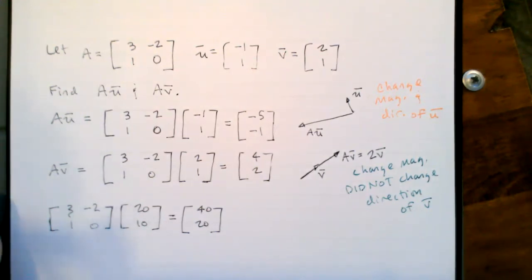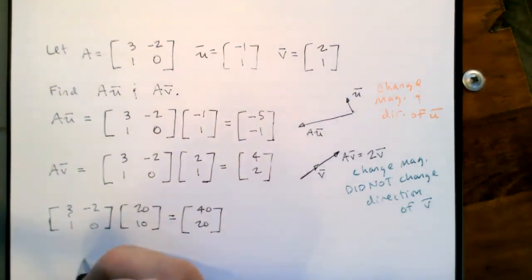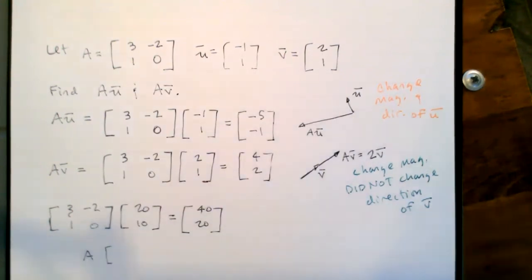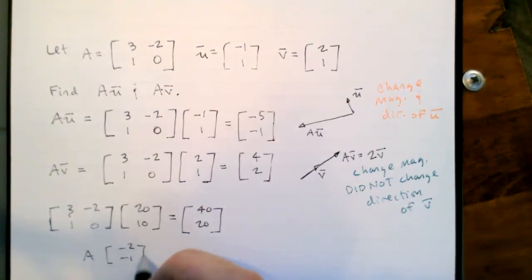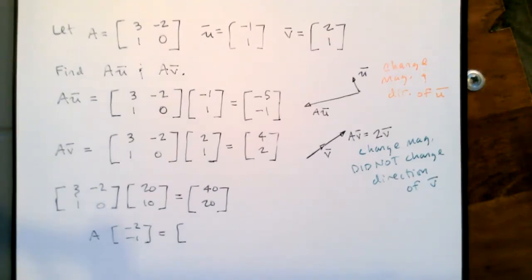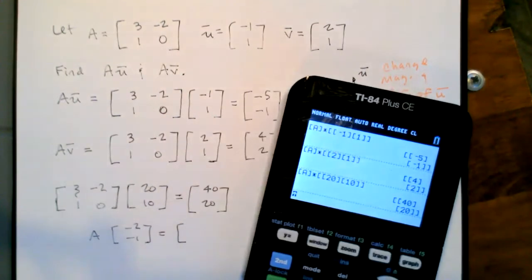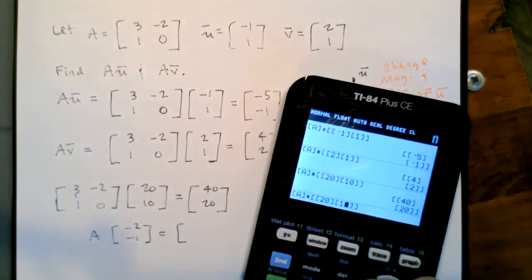What if we go in a different direction? What if I do A times -2, -1? What are we going to get? -4, -2.